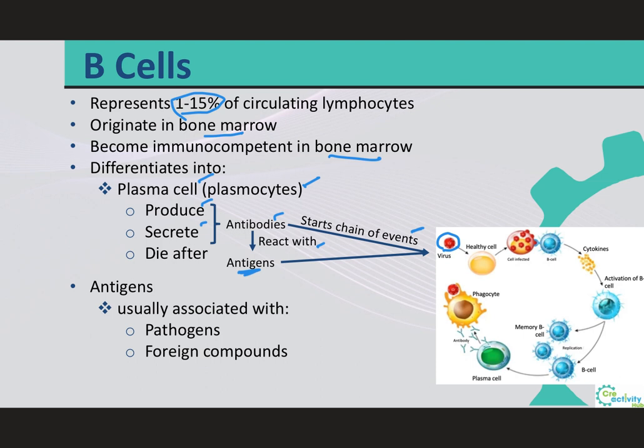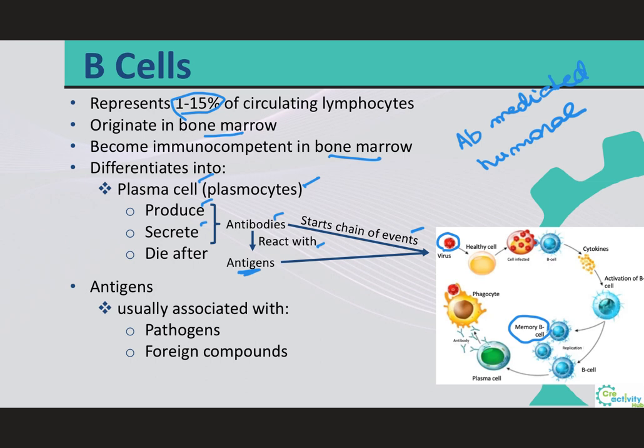And because the blood is the primary distribution route for immunoglobulins, B cells are said to be responsible for antibody-mediated immunity, also called humoral immunity, where humoral means liquid immunity because it's present in the blood. Now, memory B cells are produced by the division of these activated B cells, and activation occurs following the exposure to a particular antigen.